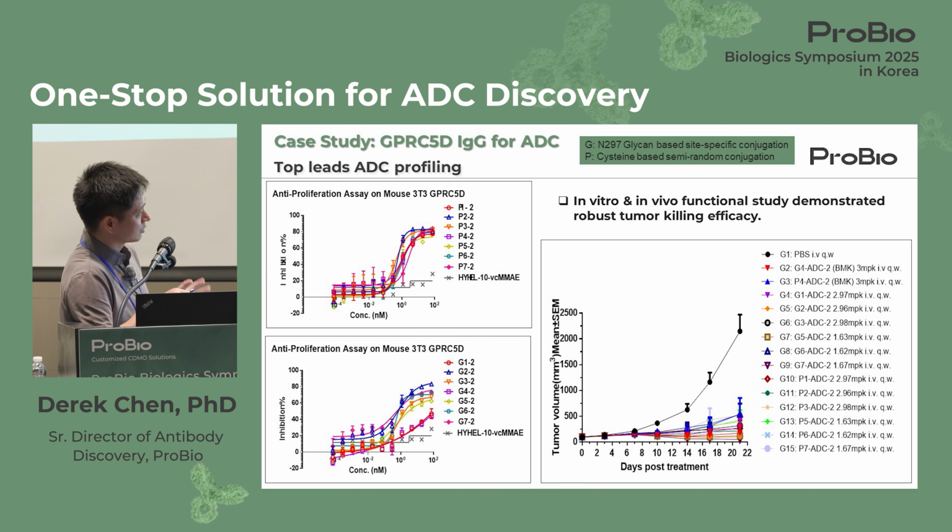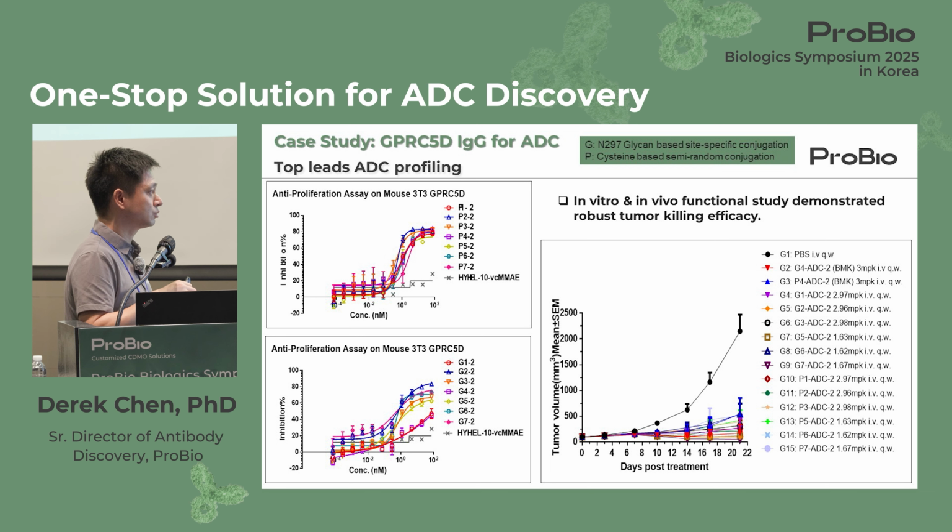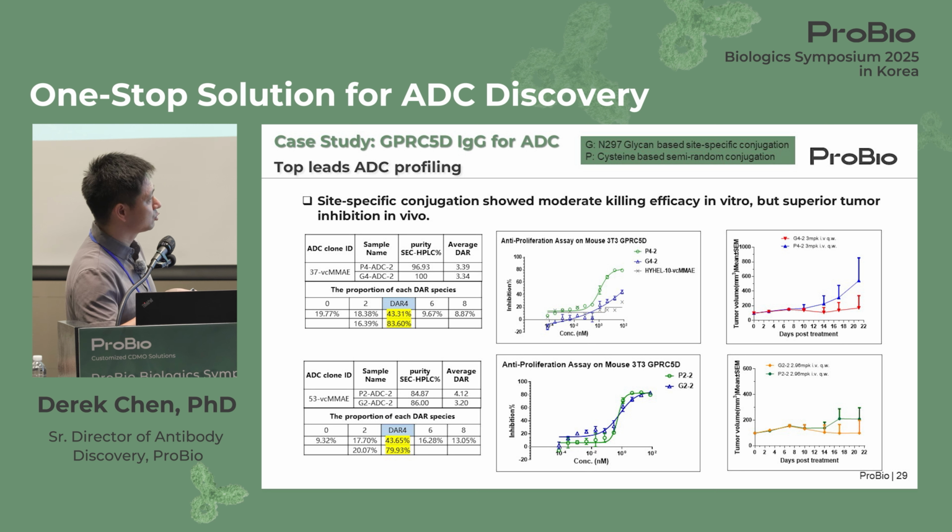tumor models. So there's a lot of data in these figures. It's just too crowded to differentiate from one sample to another. So we separate them into 6 different groups. In each group, it's the same ADC candidate conjugated with 2 different conjugation approaches.